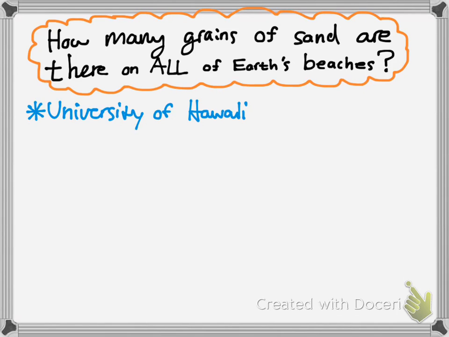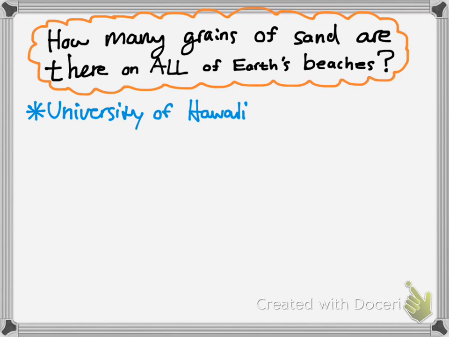The answer is yes. There is a number, but it's so difficult to calculate because how would you define a grain of sand? Like, what if someone steps in an area, or if they get clumped together, whatever? How could you figure that out?